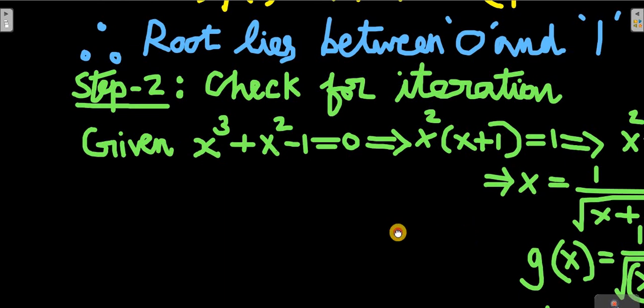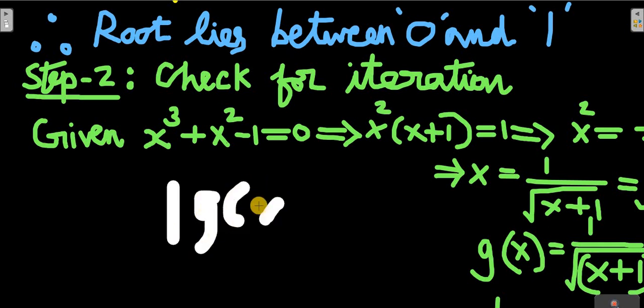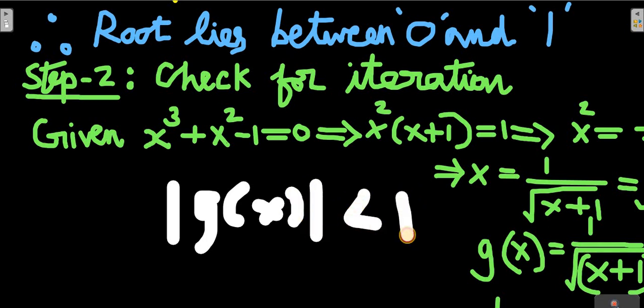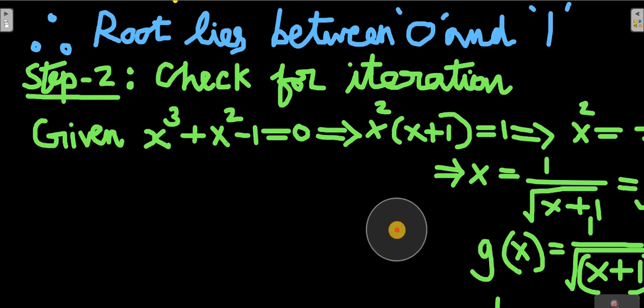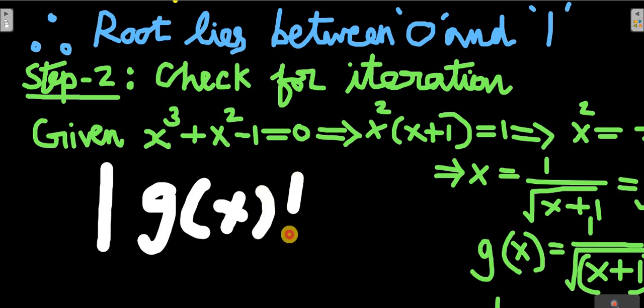Coming to the second step, checking for iteration. We must note that there is a condition: the absolute value of g prime of x must be less than 1.